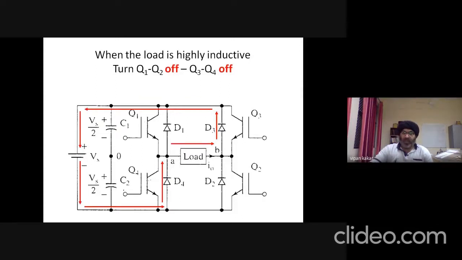Now, again assuming a highly inductive load, we need to turn off all the four switches Q1, Q2, Q3, Q4. So both the pairs are off now. Now the current will freewheel through these diodes. D4 from A to B and then through D3 and then back into the supply.